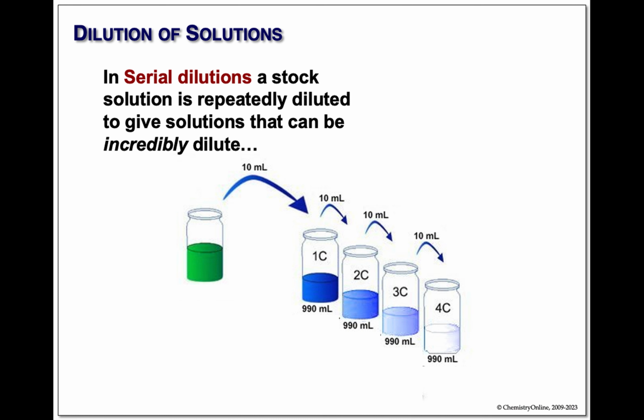Now, this is useful in the lab. If you need a solution that you can't weigh out, a milligram, say, you could take a solution and dilute it 1,000,000-fold, and that's no problem. This is the same procedure that's used when they make homeopathic medicines.